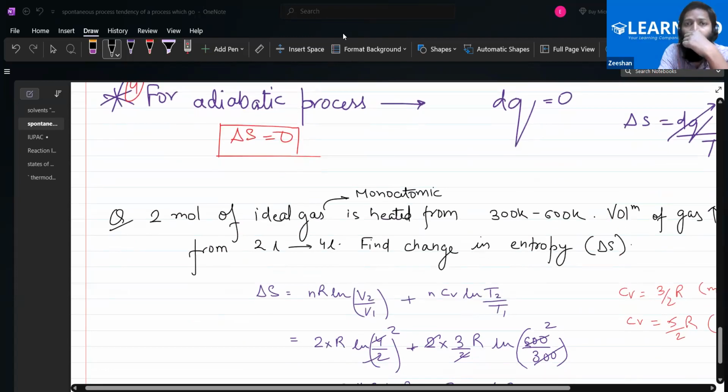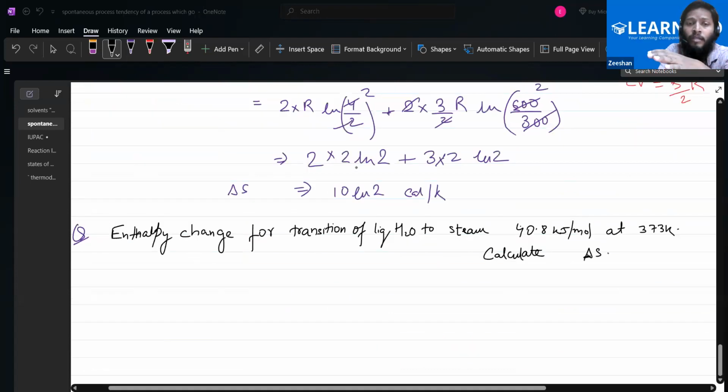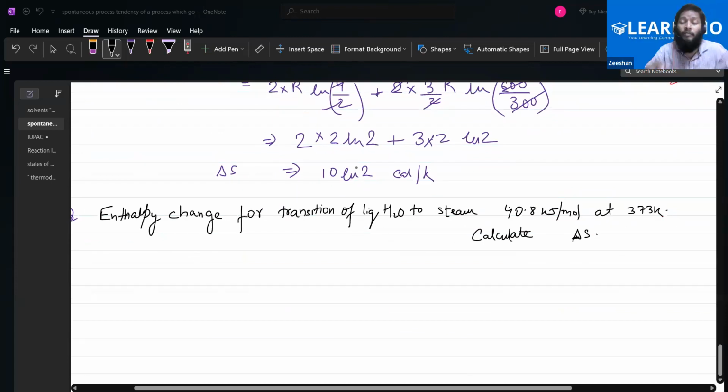This is the time. If you are not getting the answer, I'm asking that you relate the question with the formula. This is very important, that you have to understand the question. Then you can understand which formula we are going to use.